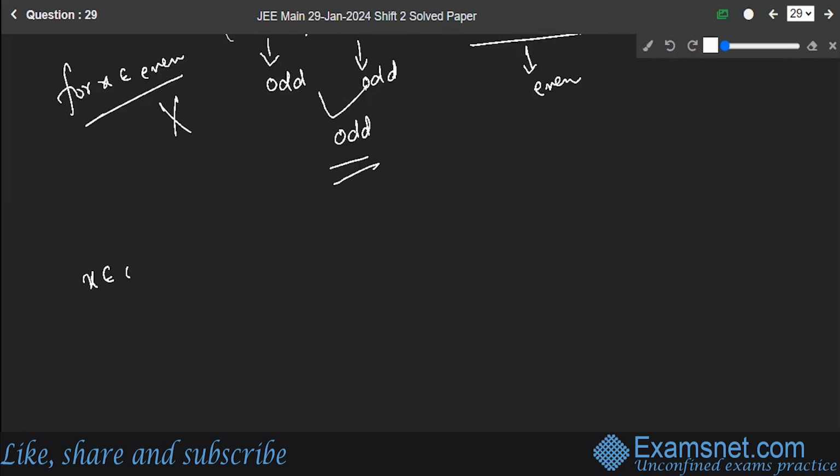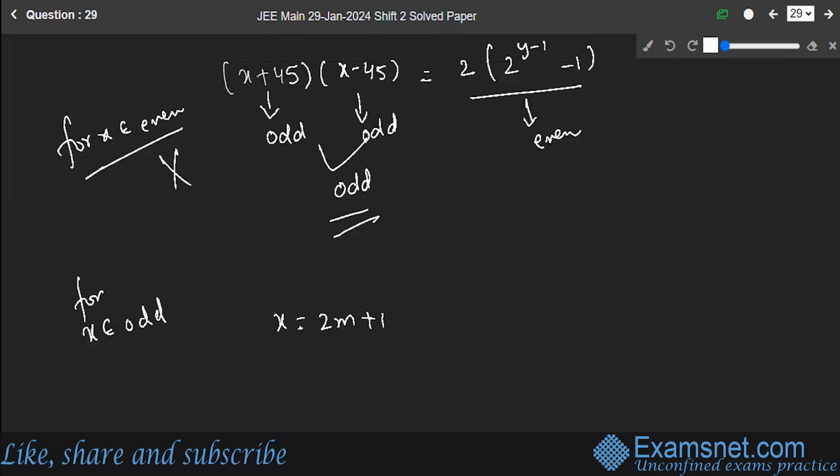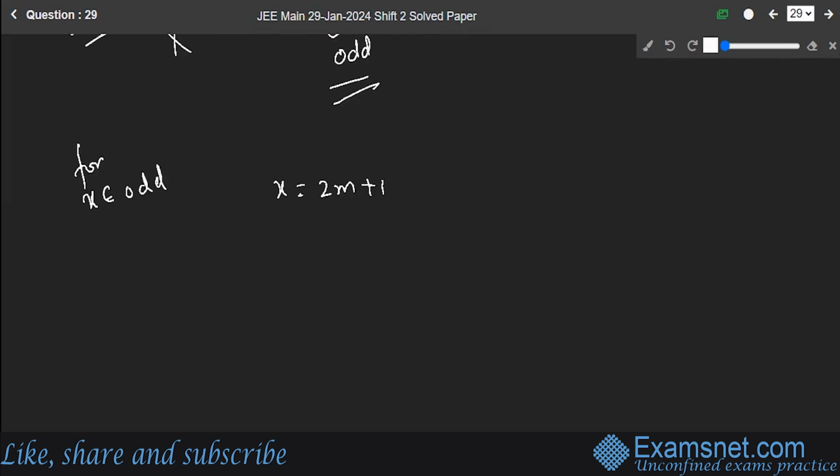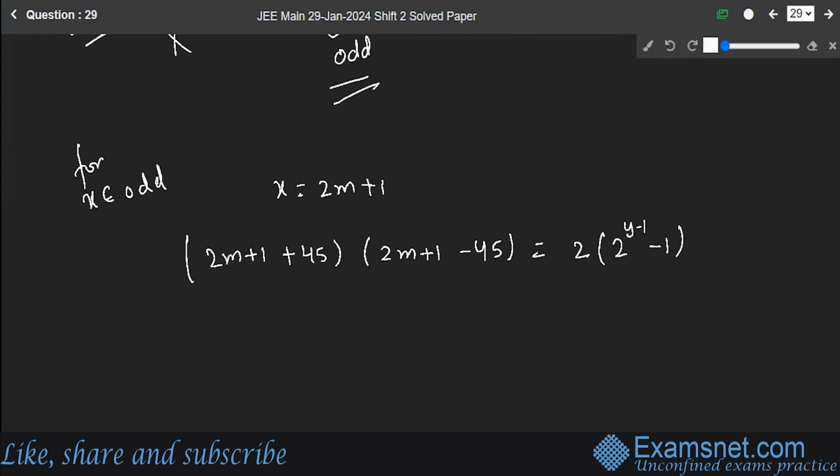Let's try for that. For x belonging to odd numbers, let's say x is equal to 2m plus 1. So what will this function now be? (2m plus 1 plus 45)(2m plus 1 minus 45) is equal to 2 into (2 power y minus 1 minus 1).